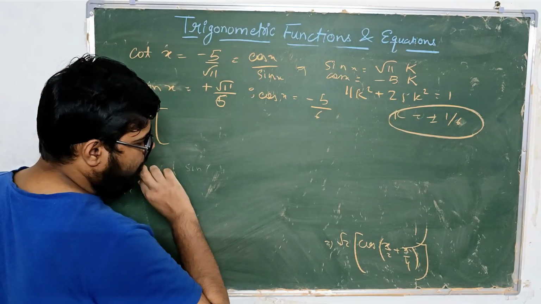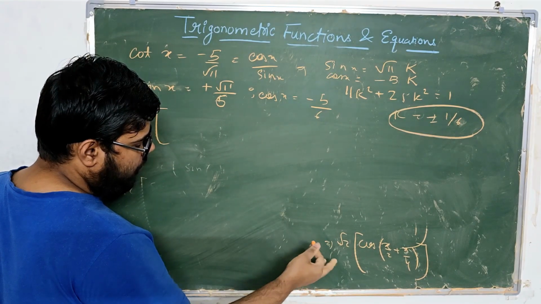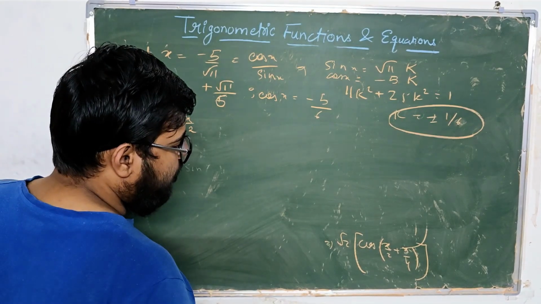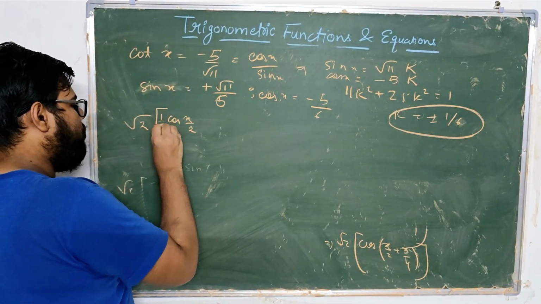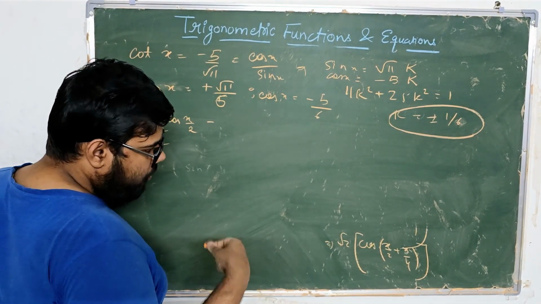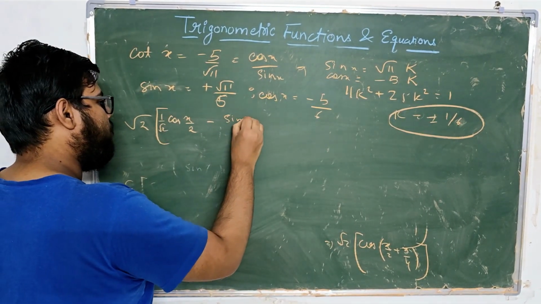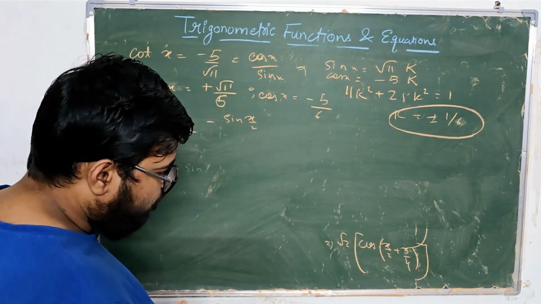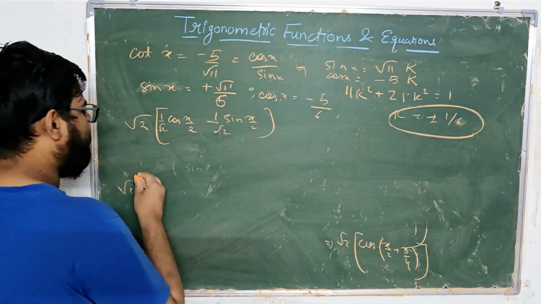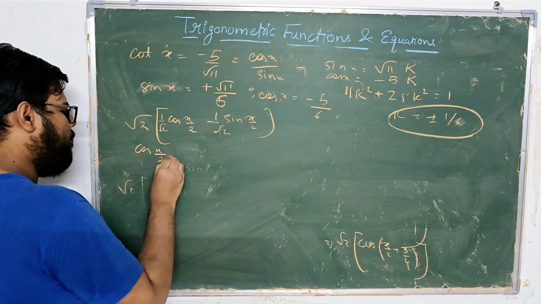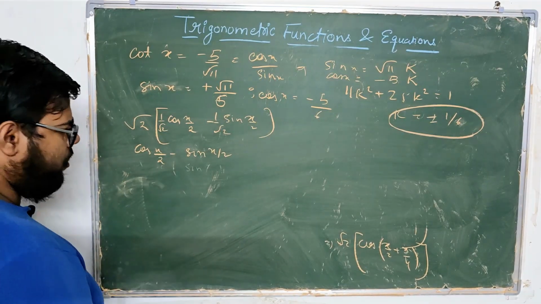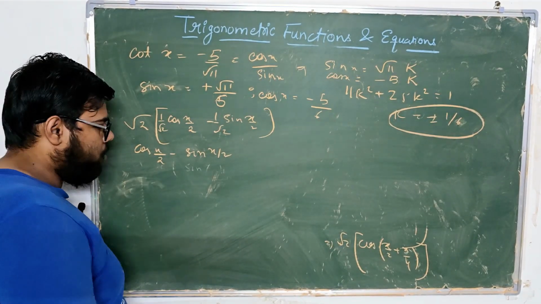So it is cos of x by 2 times 1 by root 2 minus sine of x by 2 times again 1 by root 2. So root 2 will get cancelled, so we will be left with cos of x by 2 minus sine of x by 2, right? Now they are very simple to solve, okay?